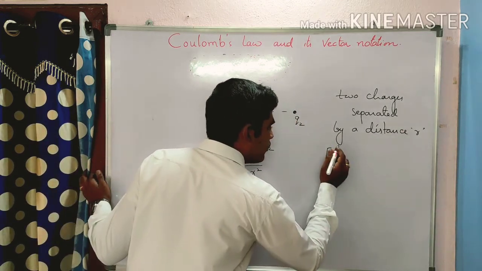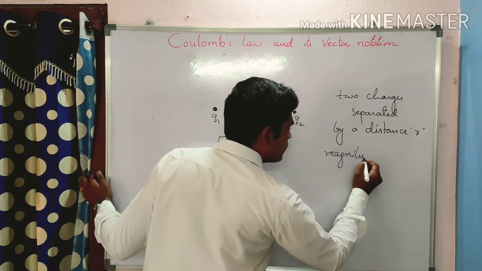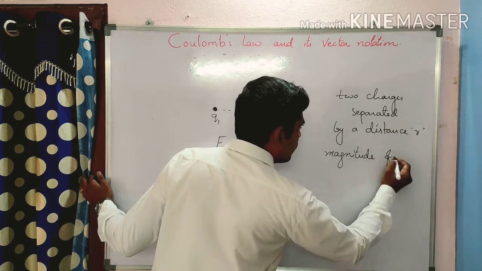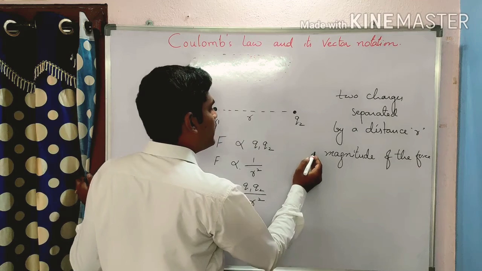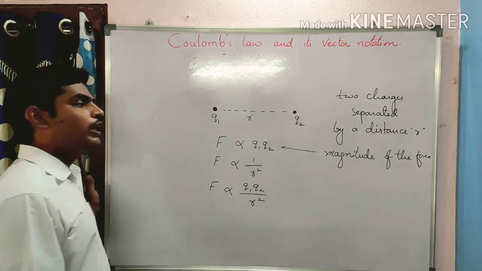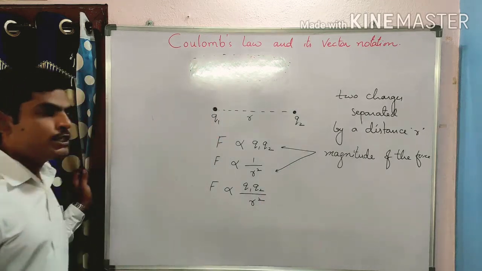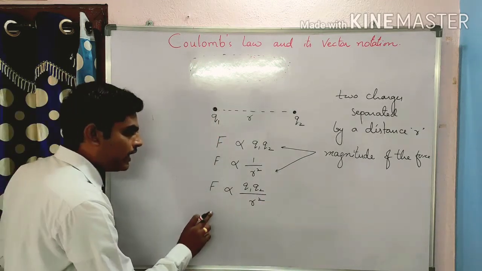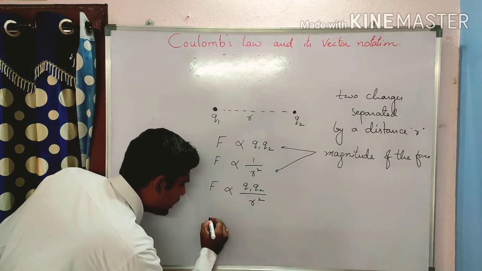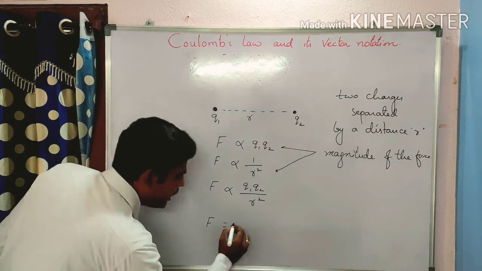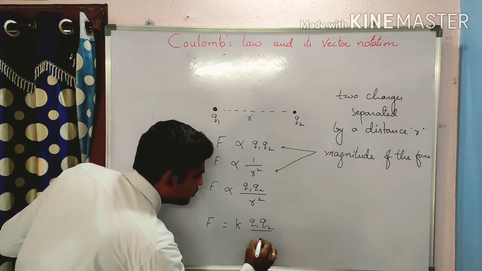The magnitude of the force is directly proportional to the product of their charges and inversely proportional to the square of the distance between them. Together we can write this as F is proportional to Q1 Q2 by r square, which we can write as F equals a constant K into Q1 Q2 by r square.